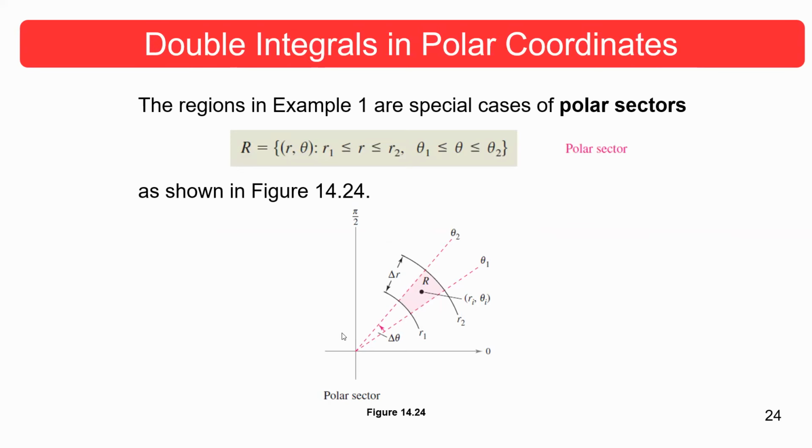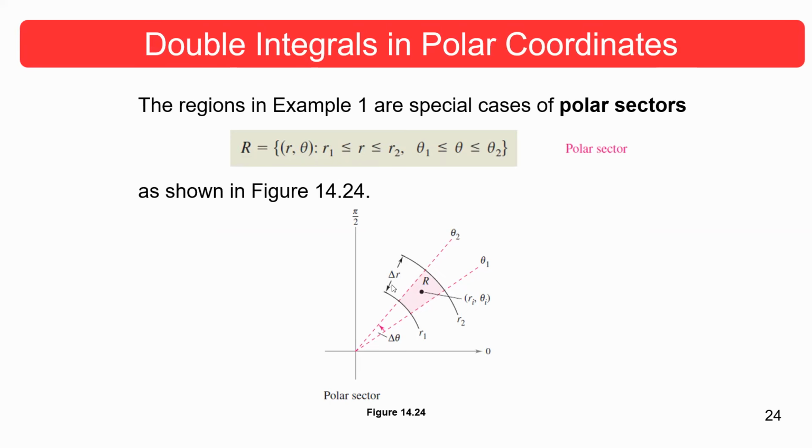So for example, let's go to this one. If you have a certain shaded region here, wherein angle theta 1 is situated here, and theta 2 is situated here, how do you solve for the region here? The region for this one would be, because it's a part of a concentric circle, radius 1 and radius 2. This is the delta r.